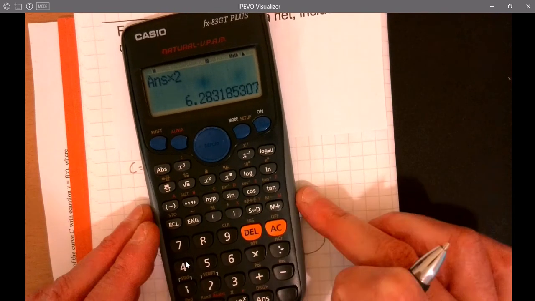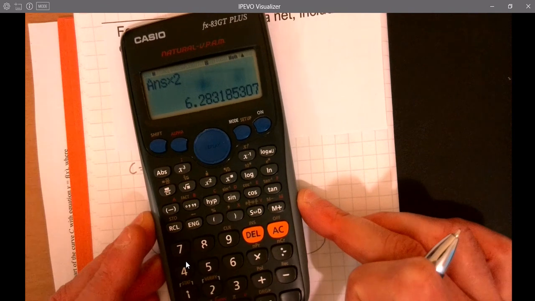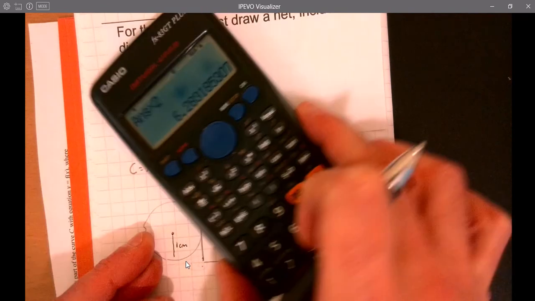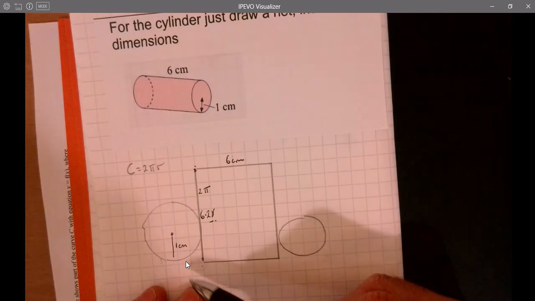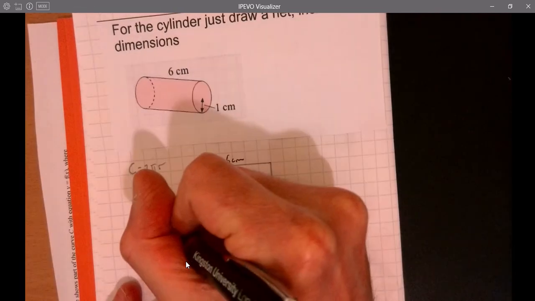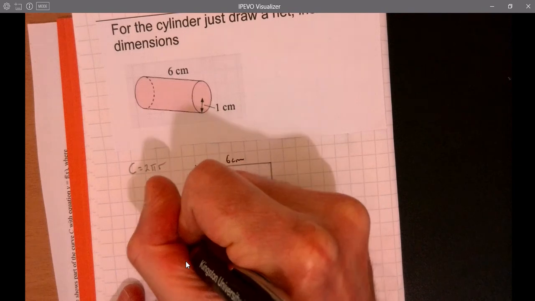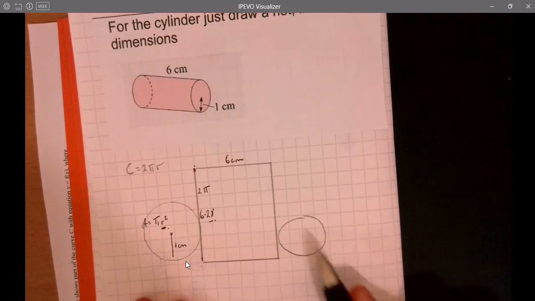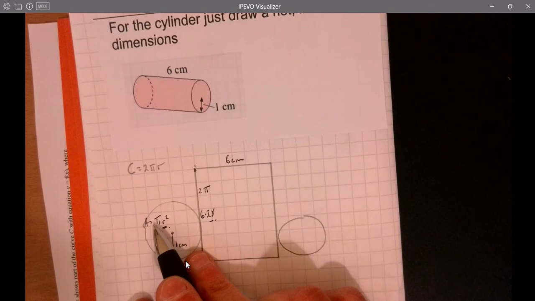But if we desperately want to write it as a decimal, there we go, 6.28. Obviously there's a bit more to it as well. So if I wanted to work out the area of this, it would be 6.28 times 6. Remember the area of a circle is pi r squared, and you've got 2 of those circles, although this one isn't very good. So there we go.